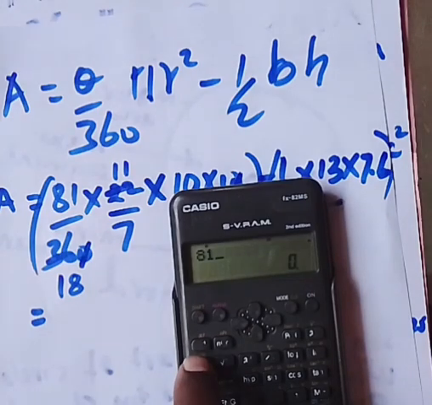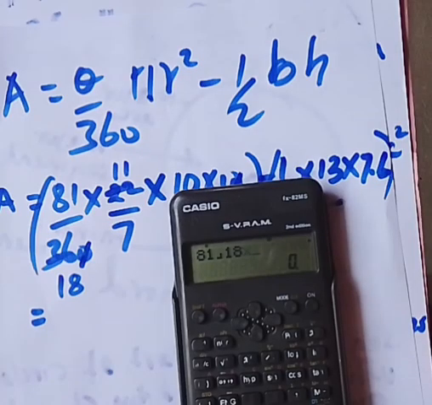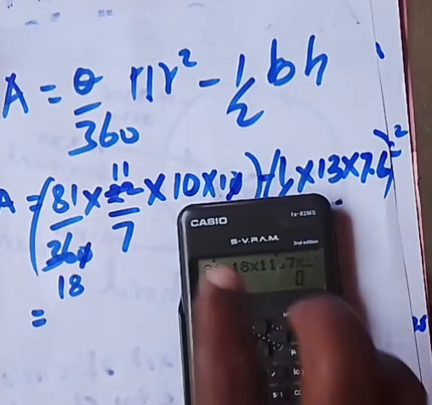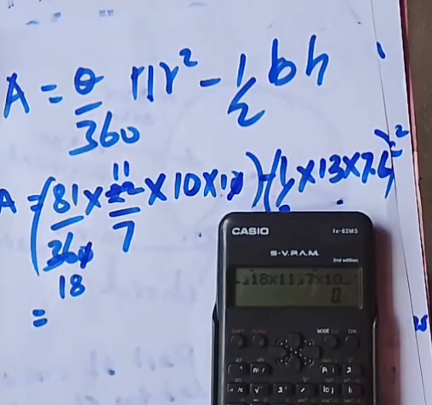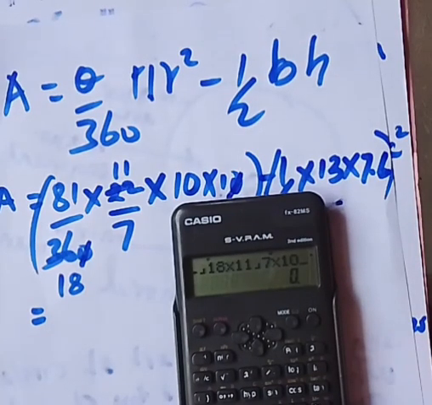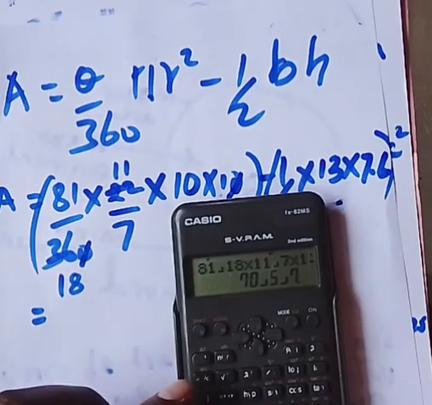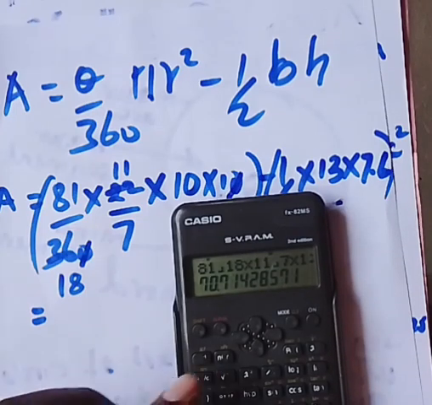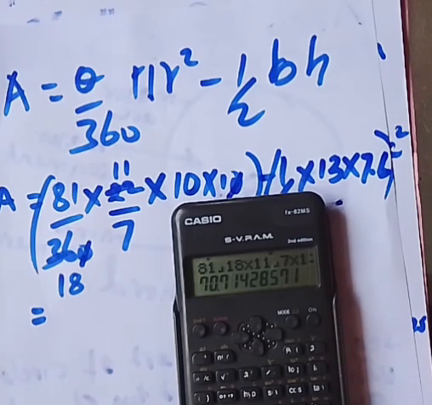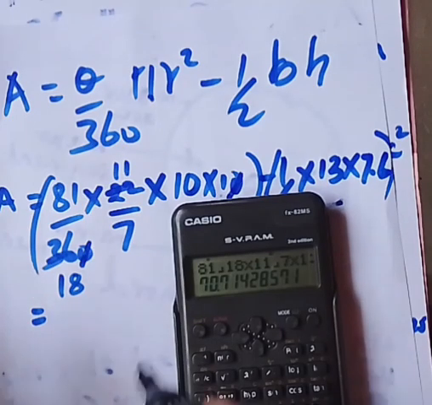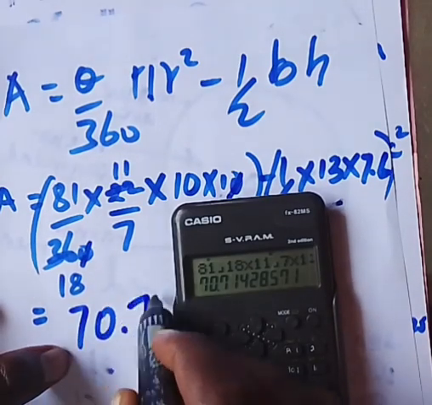This is the ABC, which writes a fraction over 18. Then you multiply by 11, ABC over 7. Then you multiply by 10, and you multiply by 10. So at this point, you just click the answer. It gives you 70 and 5 over 7 as a fraction. So if you want a decimal, you just click this button written ABC. If you click it, you will get 70.71.